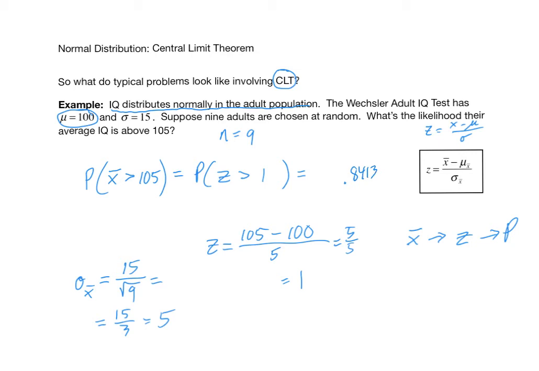But of course, we don't want the likelihood that it's to the left or less than 1. We want the likelihood that it's to the right or greater than 1. So to get the area to the right, we do 1 minus the area to the left. And this leaves us with 0.1587. So there is a 15.87% chance that if you choose 9 adults at random, their average IQ is above 105.